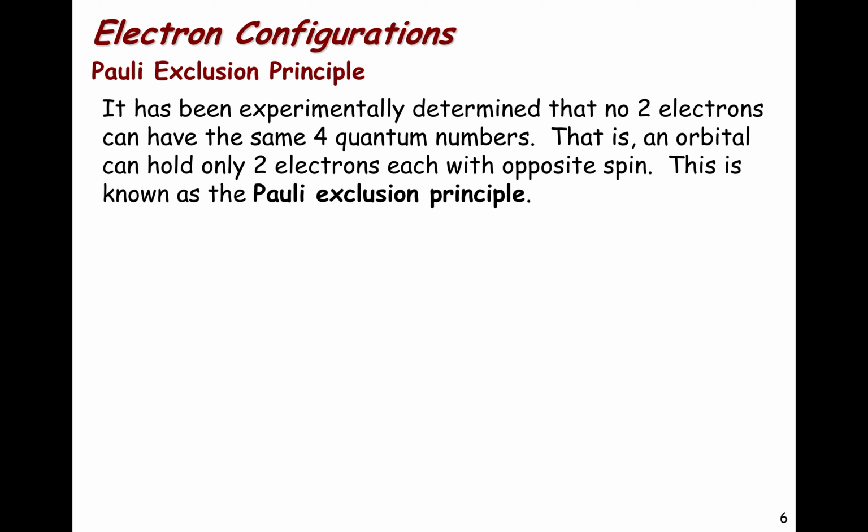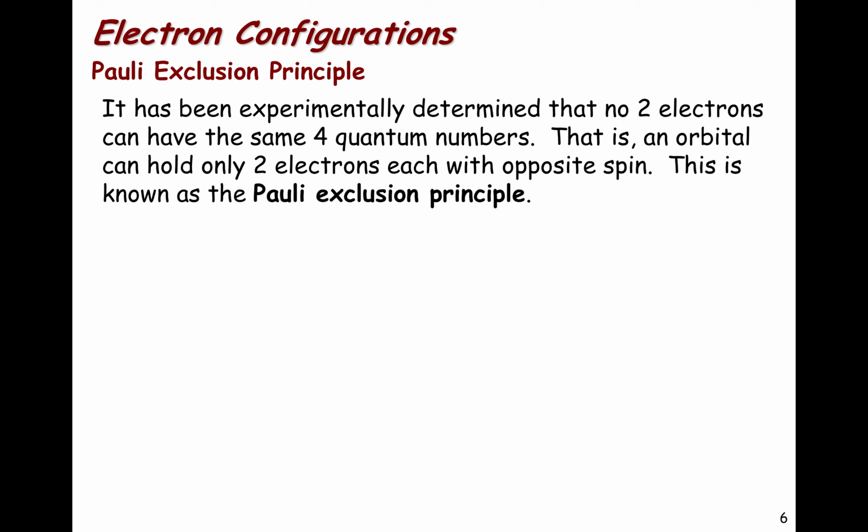The Pauli exclusion principle is a way of accounting for that in terms of the quantum numbers, and Pauli made the statement that it is not possible for two electrons within the same atom to have all four quantum numbers being exactly the same. It is possible to have three of the quantum numbers be the same.